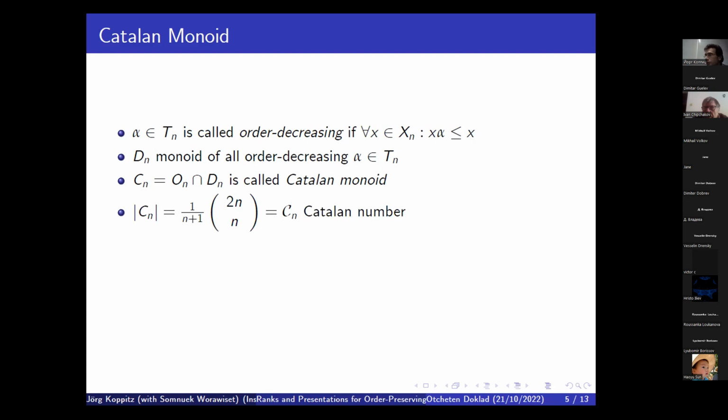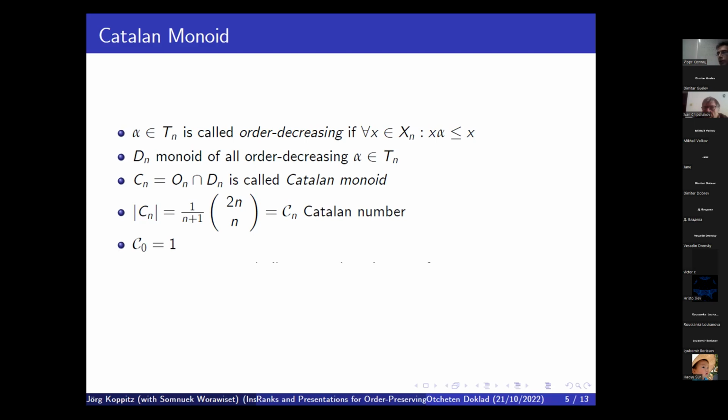So this example shows that the intersection of two important semigroups of transformations gives an interesting monoid of transformations, which is well studied because it has particular properties. I want to only recall that the Catalan number C_0 is 1, because here we have only natural numbers.